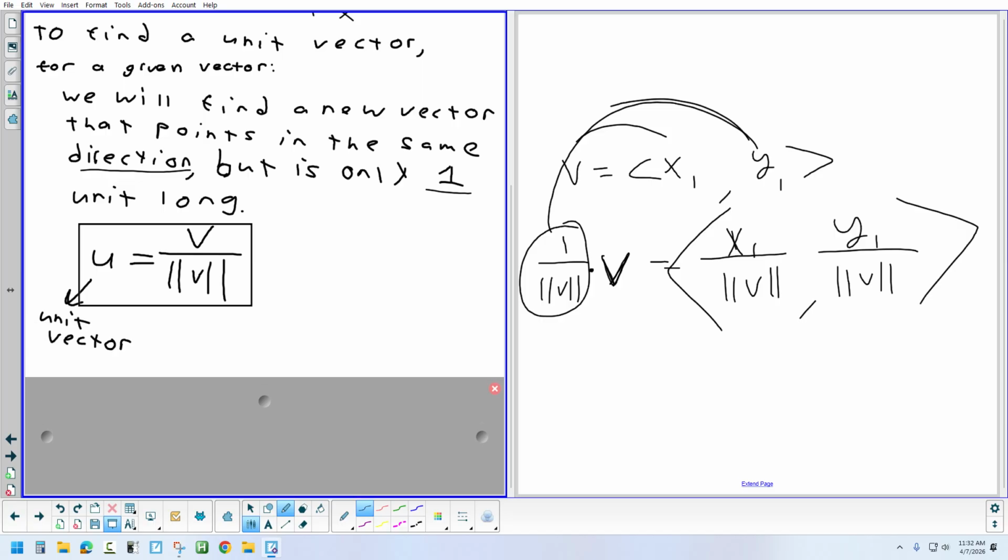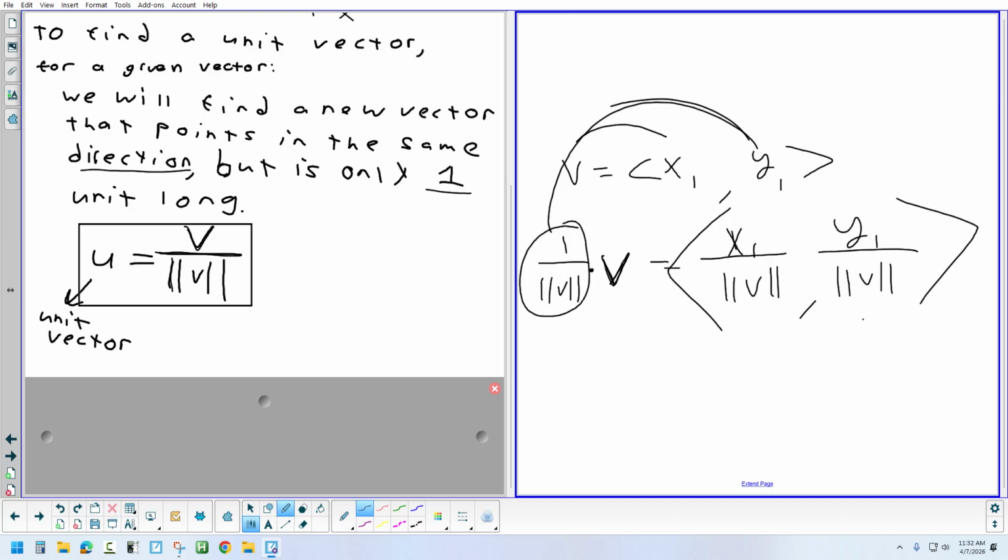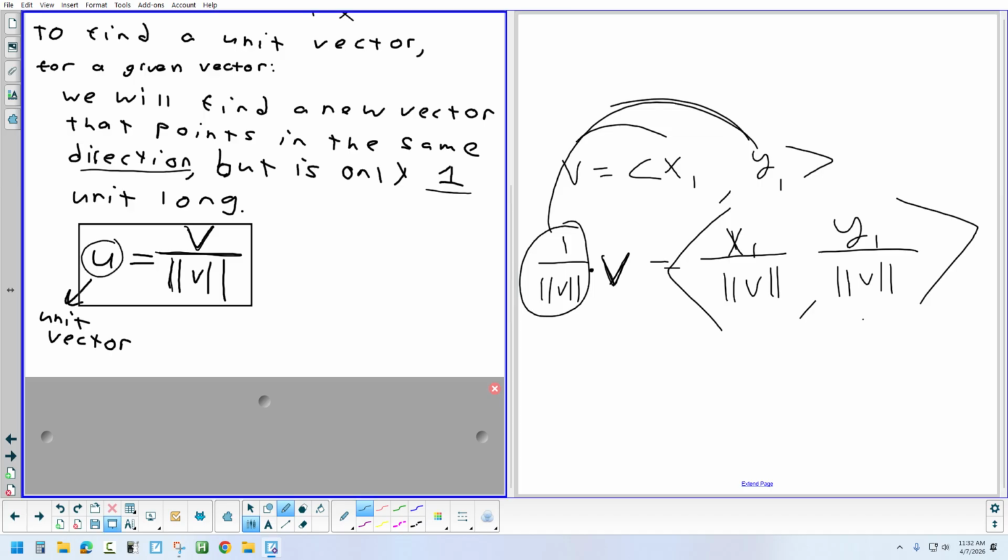And that's what I've written down right here. You're going to take your vector, and you're going to divide each component of your vector by the magnitude. And when you do that, that's going to produce vector u. And I'm using u to stand for a unit vector.